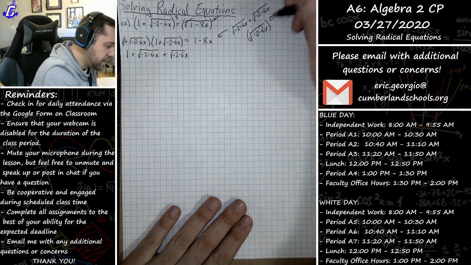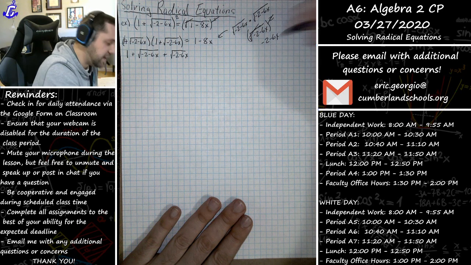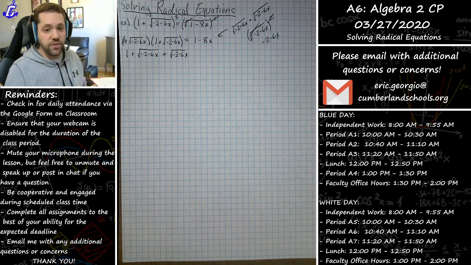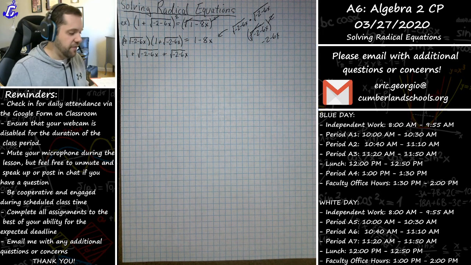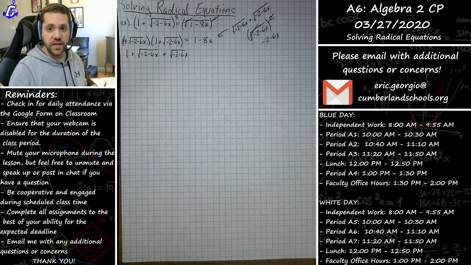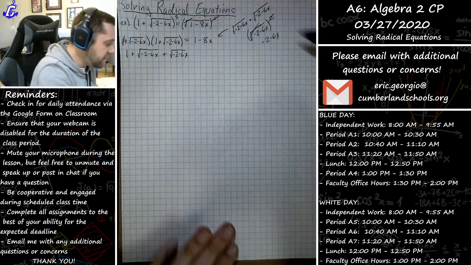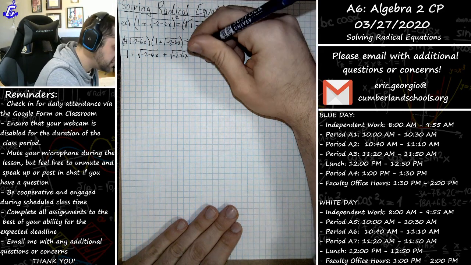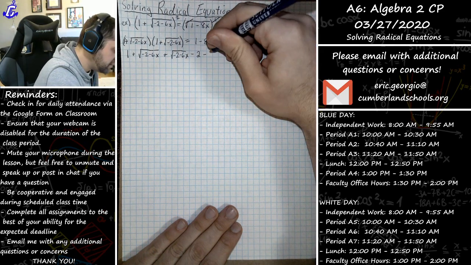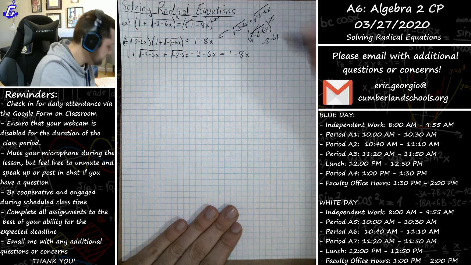The square and square root cancel out, and that really just gives us negative 2 minus 6x. It's like saying if I had the square root of 7 times the square root of 7, that's just equal to 7. If I had the square root of 11 times the square root of 11, that's just equal to 11, because it's the square root of 11 squared. The same thing occurs here. The square root of negative 2 minus 6x times the square root of negative 2 minus 6x is negative 2 minus 6x. And that's all equal to 1 minus 8x.